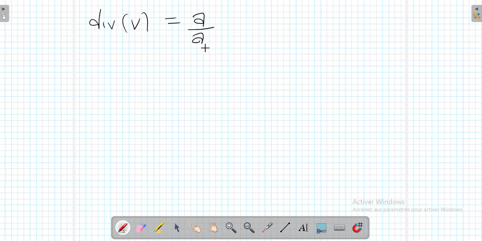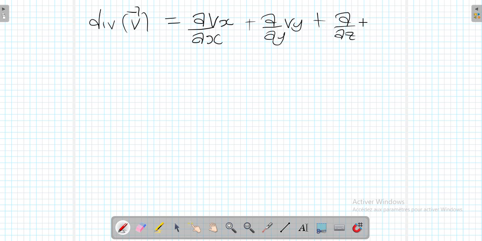I'm also going to explain what partial derivatives are for people who don't know. The partial derivative of the x component of that vector. Notice there's no direction on the vector because it converts a vector to a scalar. Plus the partial derivative with respect to y, plus the partial derivative with respect to z.